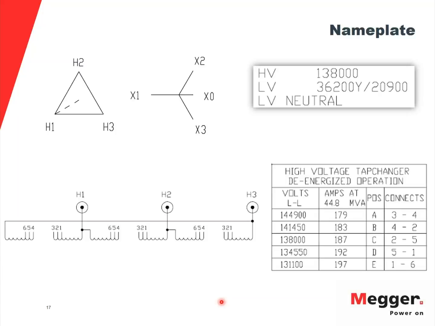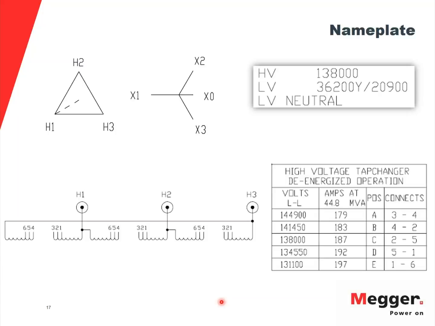I also can see that the primary side is 138 kV. The low side is 36.2 kV, which are line-to-line voltages. And because the Y side is a Y connection, it is listing both line-to-line voltage as well as line-to-neutral voltage.